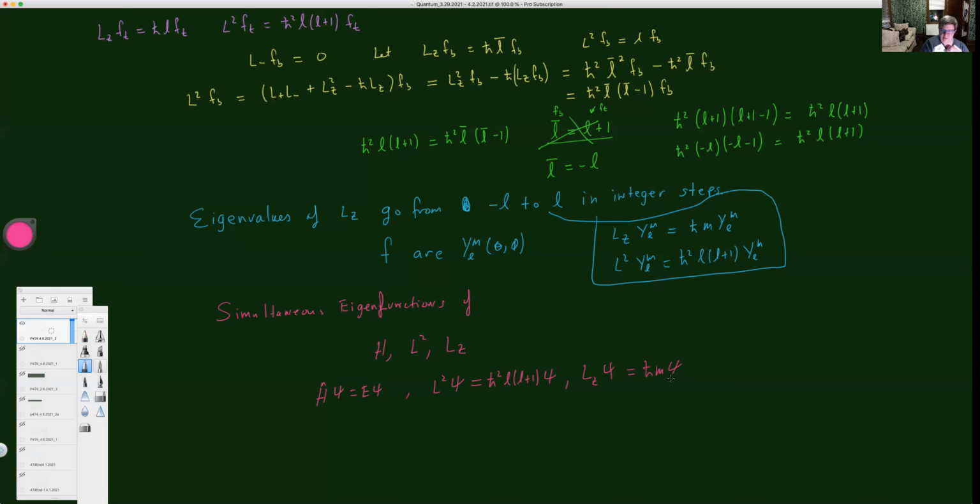Remember that psi of r, theta, and phi was R of r times the Y_lm.